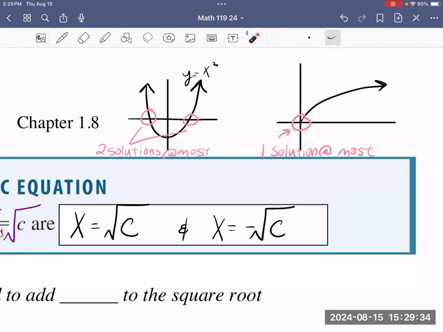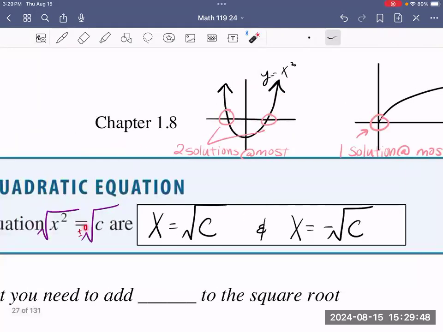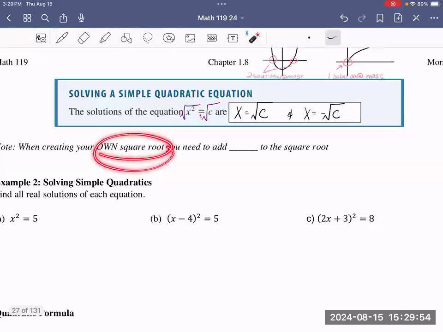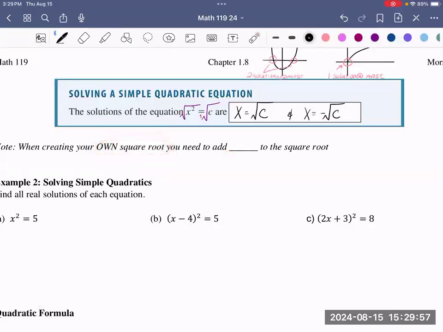So what you did going from one form to another is that you lost one of your x-intercepts or your solutions along the way. So you need to account for the double solution by adding that plus or minus sign. So a good rule of thumb, when creating your own square root, you need to add a plus or minus sign to the square root.